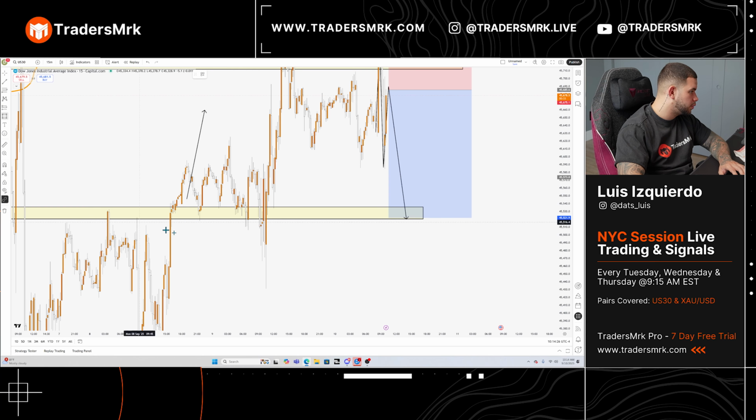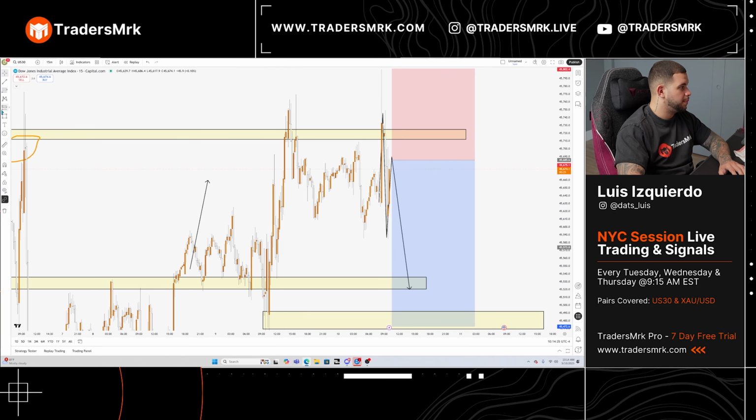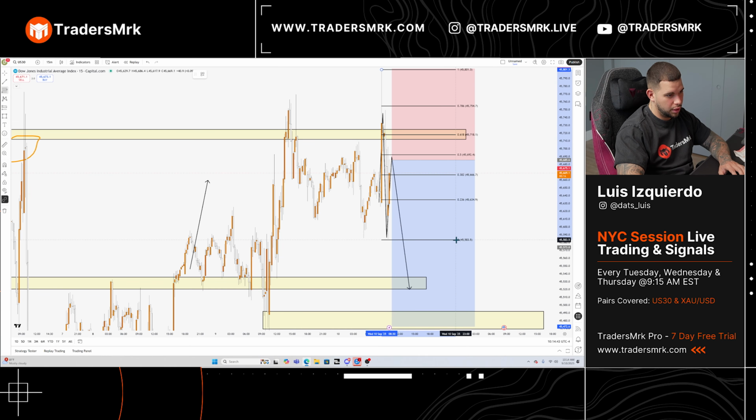If it's extended to this area right here where we see all the wicks, it would be about a 200-point move. Then what we want to do is grab a Fibonacci from top to bottom, and we see that it will hit 0.50, a perfect retracement level.